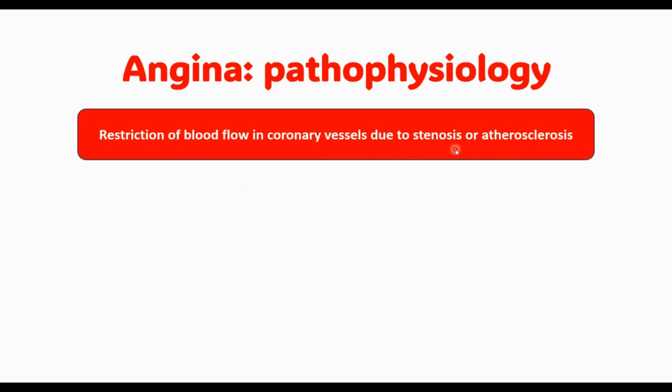Stenosis means narrowing, and that can be due to atherosclerosis or thrombosis, which we mentioned in the previous video, thrombosis being due to the clotting of blood. And then we also talked about the pathophysiology of atherosclerosis, how you get formation of a fatty atheroma, and that can narrow the diameter of the coronary vessels through which blood can get past.